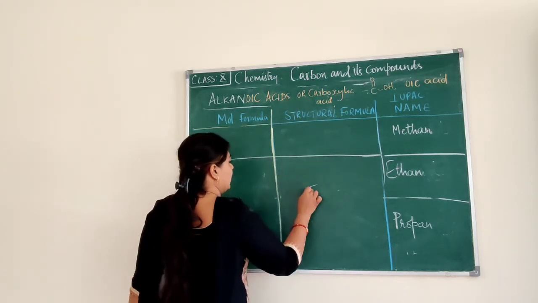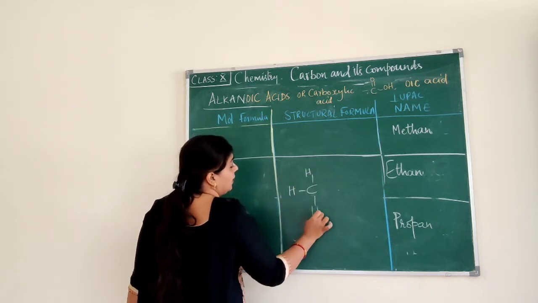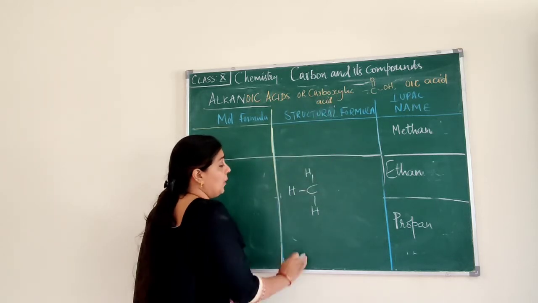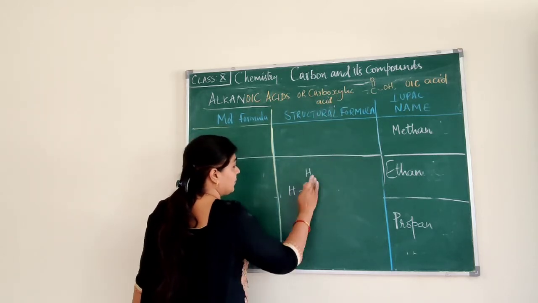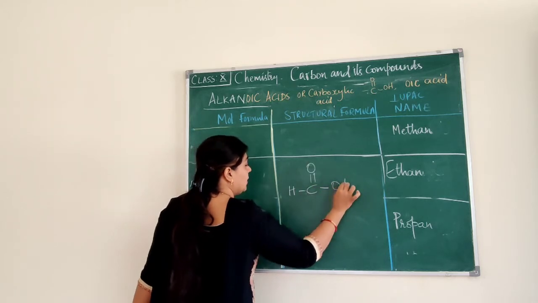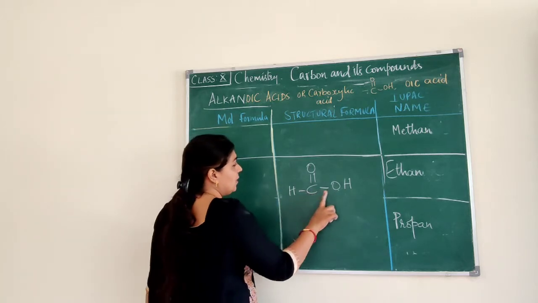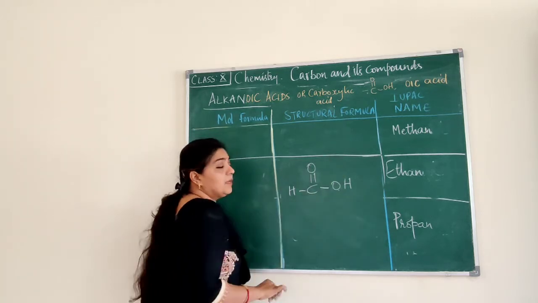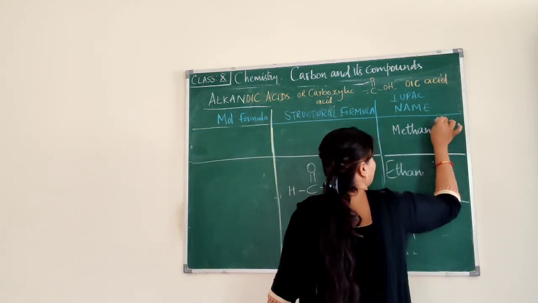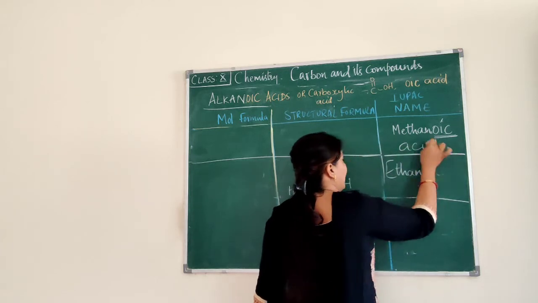So let us see methane. We know methane. Now I have to add the C double bond O, OH. So how to write that? I'll write C double bond O and here OH. So this will become methanoic acid. From methane you remove the E and it becomes methanoic acid.